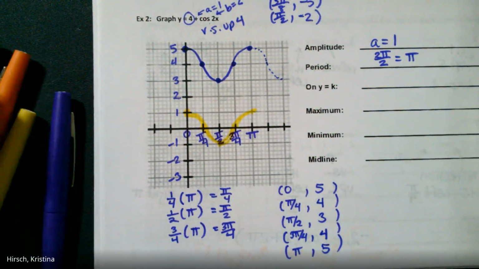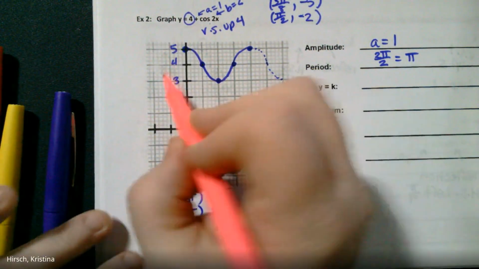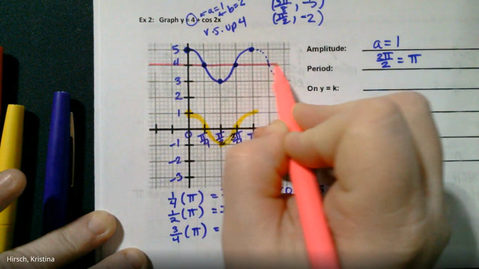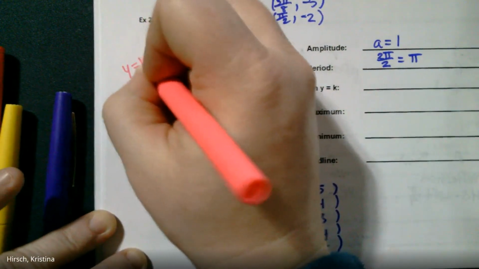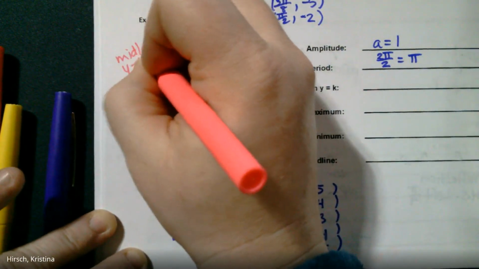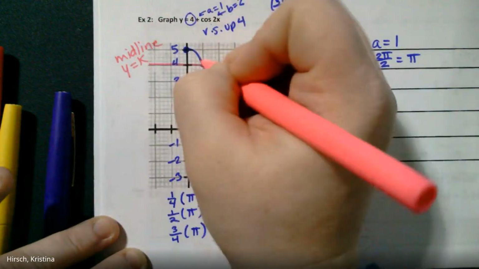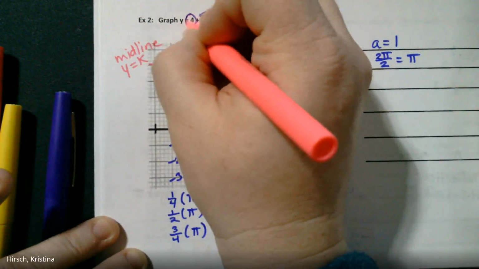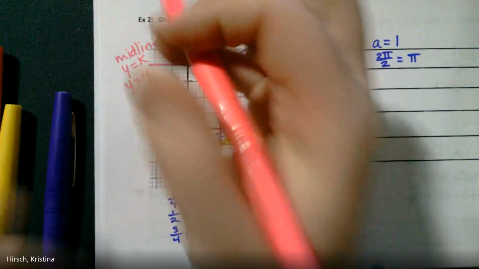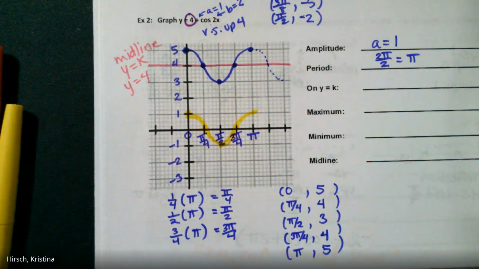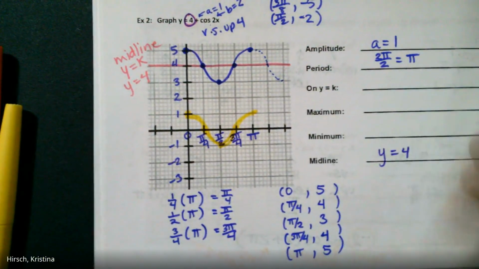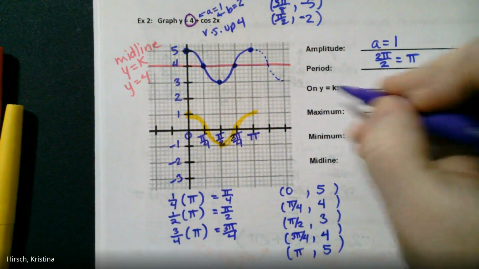We have our y equals k. And this is y equals k. This is our midline, which is at 4, which is what you see right here. So y equals 4. All right. So my midline is y equals 4. And what are the values on that midline?